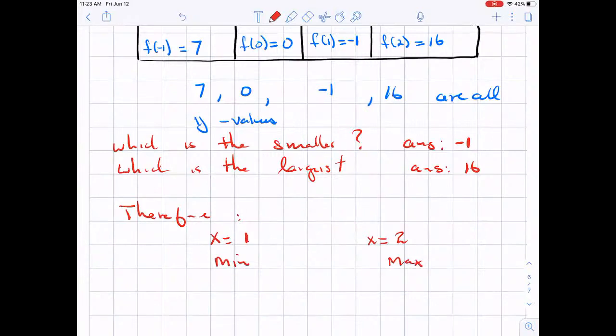So one of the critical numbers does not yield any relative min or relative max. x equals 0 does not.